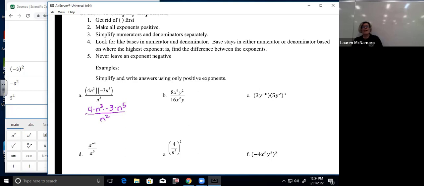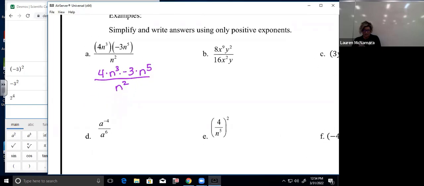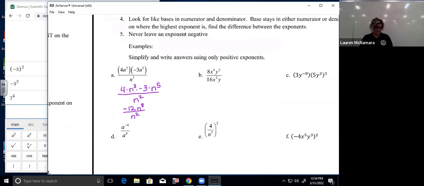Do I have any negative exponents? All right, so simplify my numerator. So simplifying my numerator, I have -12 n to the 8th divided by n to the second. There was nothing to reduce or simplify in my denominator.